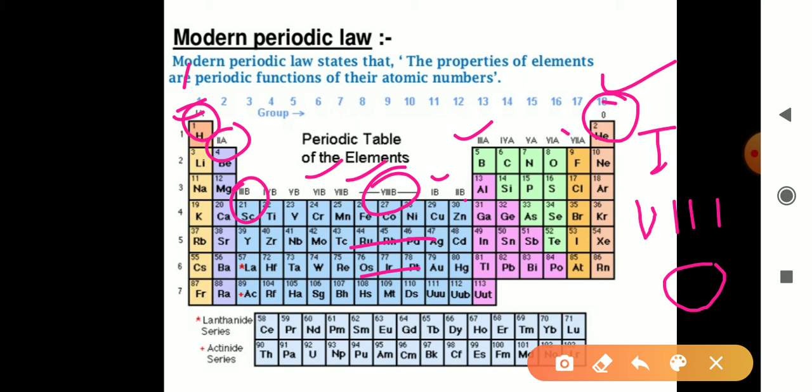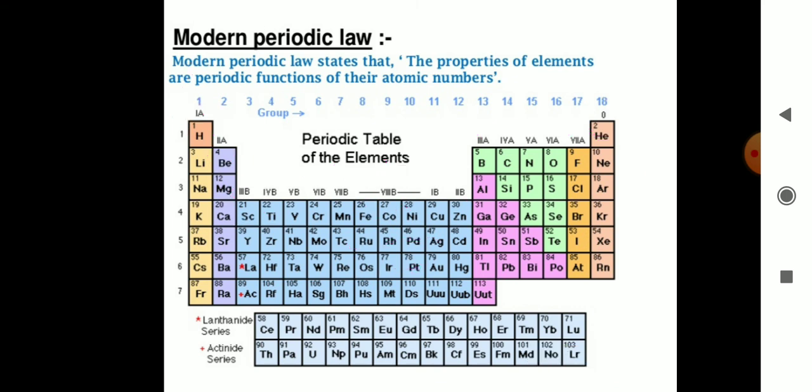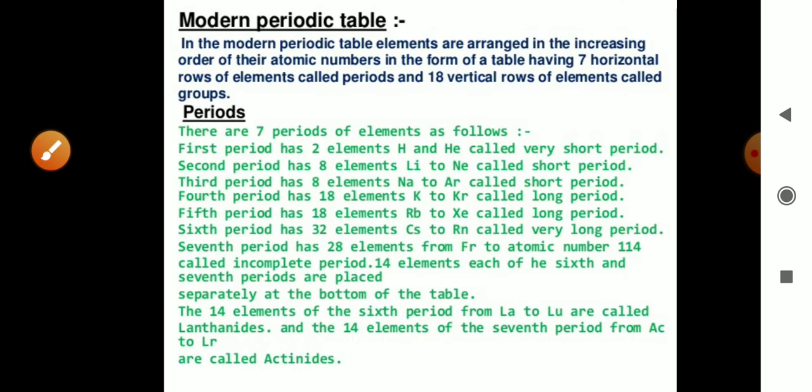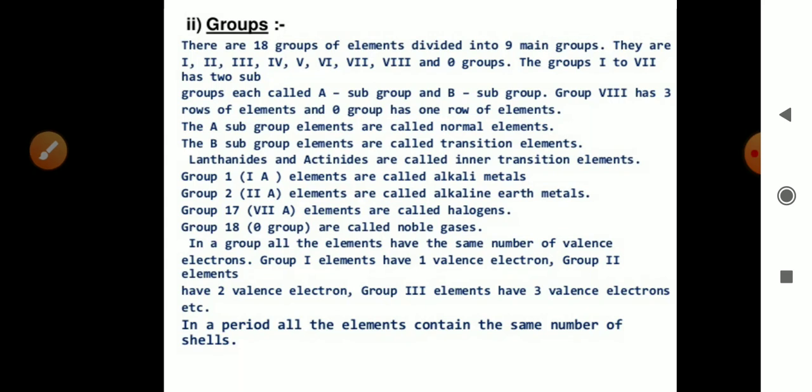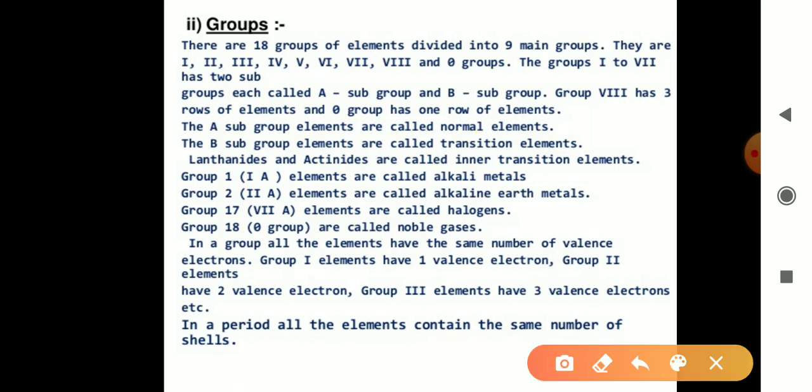Then those having the notation A, that is first A, second A, those groups are called, or elements are called, the A group elements are called normal elements and the B group elements are called transition elements.